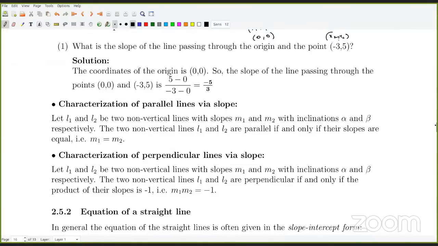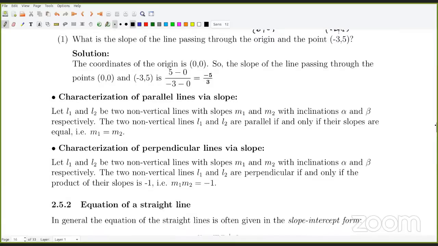That means if their slopes are equal, then the lines are parallel. Whereas in the perpendicular case, two lines are perpendicular if the product of slopes is -1. This is the connection between slope and parallel and perpendicular lines.